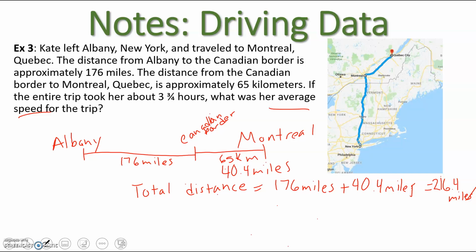Now remember, we know that the distance is equal to the rate times the time. Our distance here is 216.4. The rate is unknown, and our time is 3¾ of an hour, so 3.75. We're going to solve this equation for r by dividing by 3.75 on both sides.